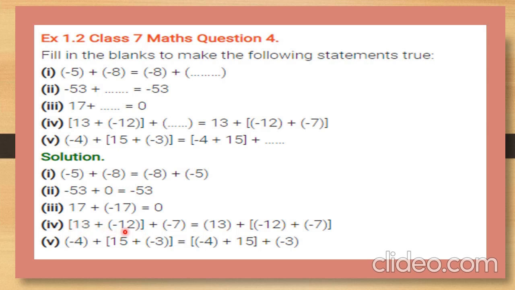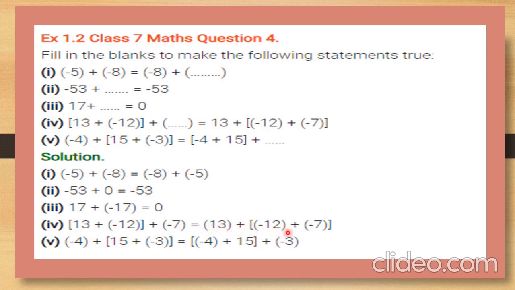So 13 plus minus 12, plus minus becomes minus. So 13 minus 12 becomes 1. Now 1 plus minus 7. So 1 positive and 1 negative. So 1 minus 7 becomes minus 6 because greater number is 7 and its sign is minus.